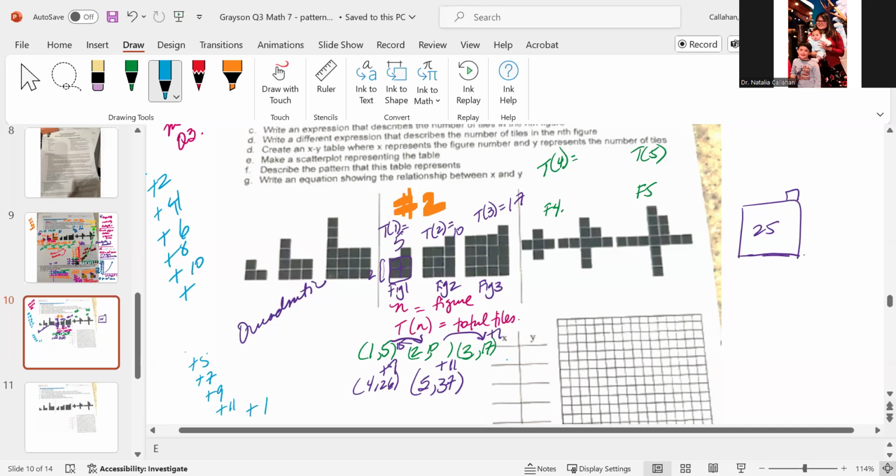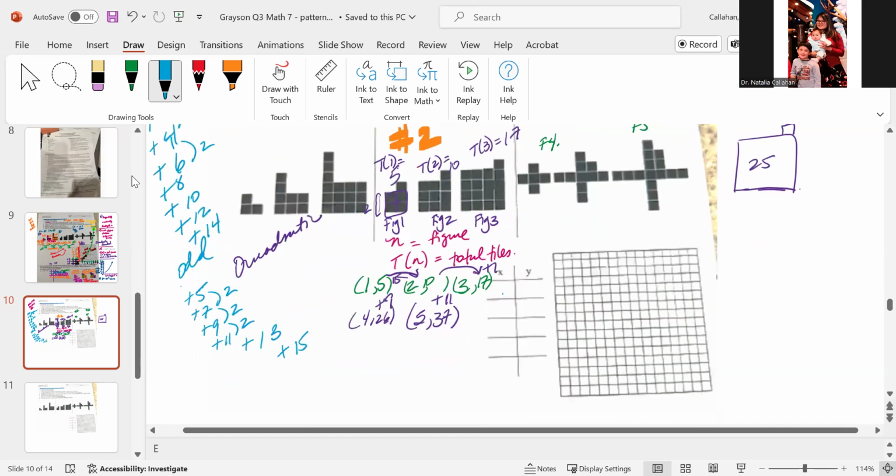What's after that? These are even, right? These are odd. So it's 5, 7, 9, 11. What's the next odd number? Do you see how there's a difference of 2? This is a difference of 2. What's after that? That's the pattern, right?